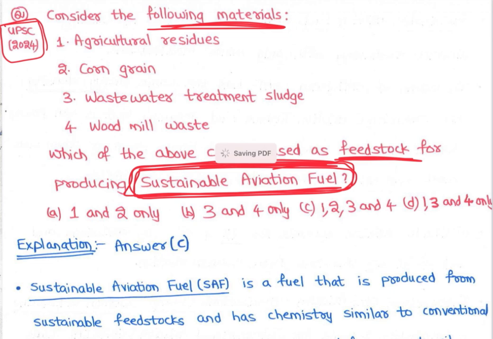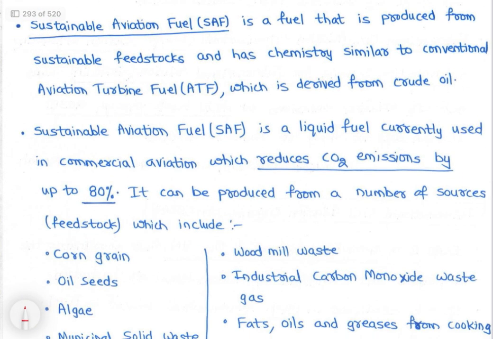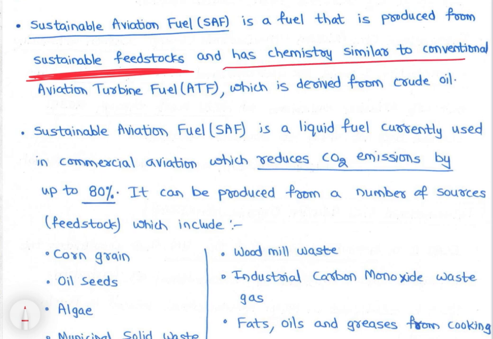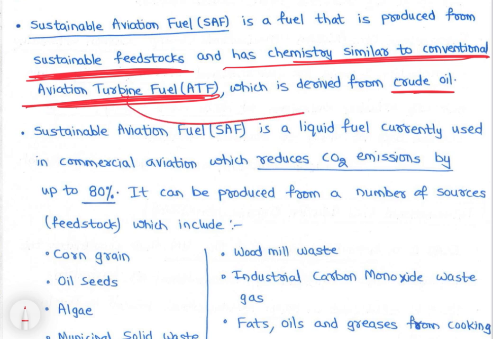See, sustainable aviation fuel is a fuel that is produced from sustainable feedstocks and has chemistry similar to conventional aviation turbine fuel, which is derived from crude oil. So aviation turbine fuel comes from crude oil, right?